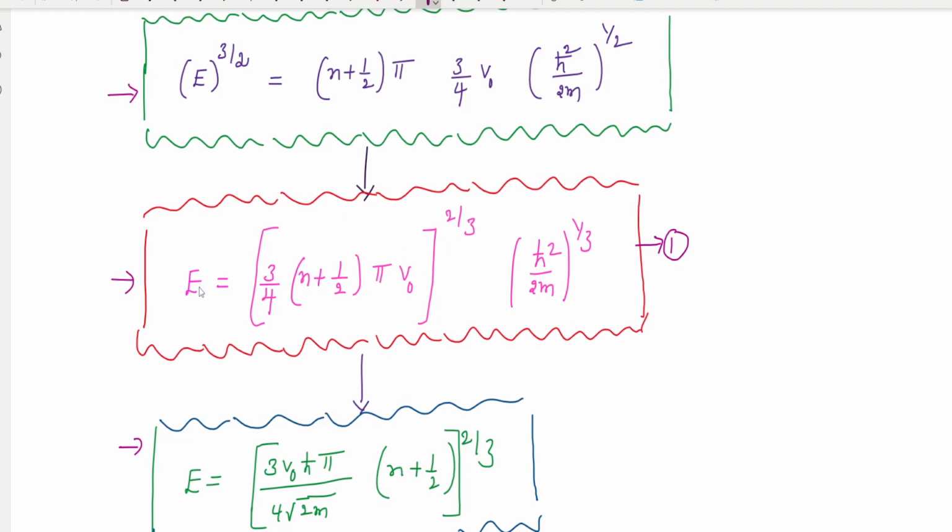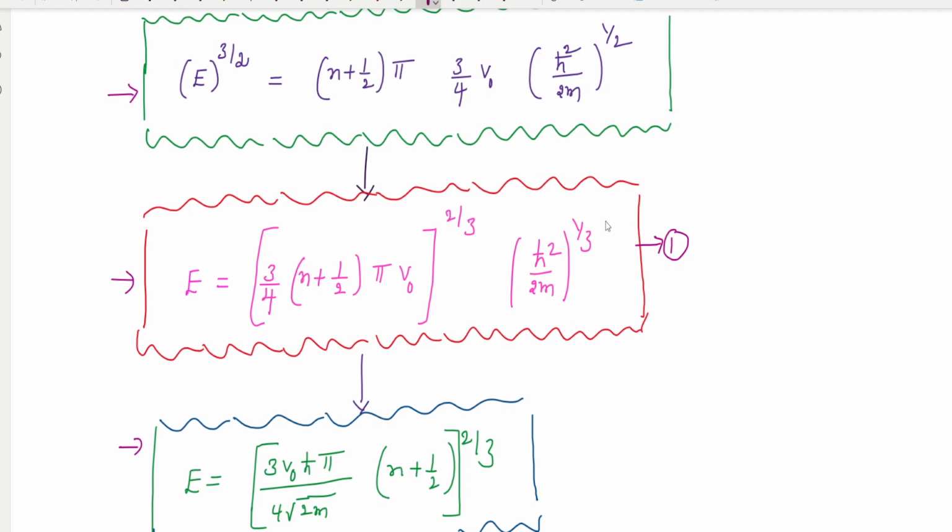If you clearly observe here, this energy is equal to some values, where 3 divided by 4 is there, and n is the quantum number, n equal to 1 and so on. V naught is some positive constant, as they already specified, and the rest is the constant.